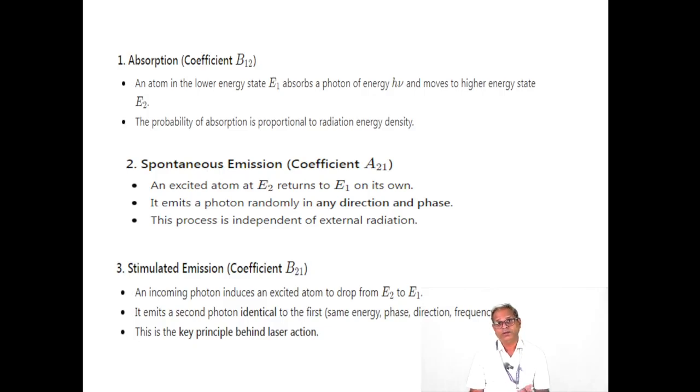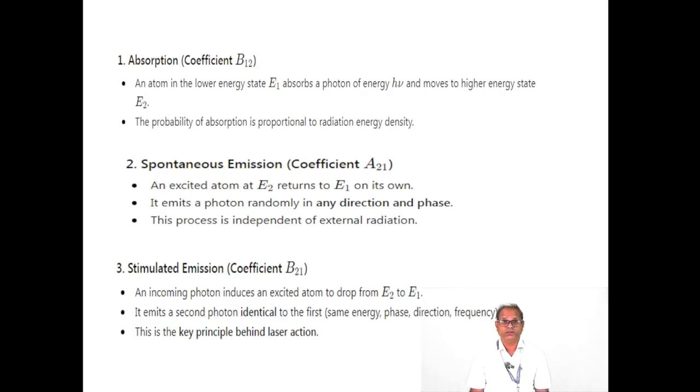R spontaneous emission is equal to some constant, and that constant is A21, which is called Einstein's coefficient of spontaneous emission. This process is independent of external radiation, because atoms come on their own from the higher energy state to the lower energy state. And the last coefficient is stimulated emission, that is coefficient B21.